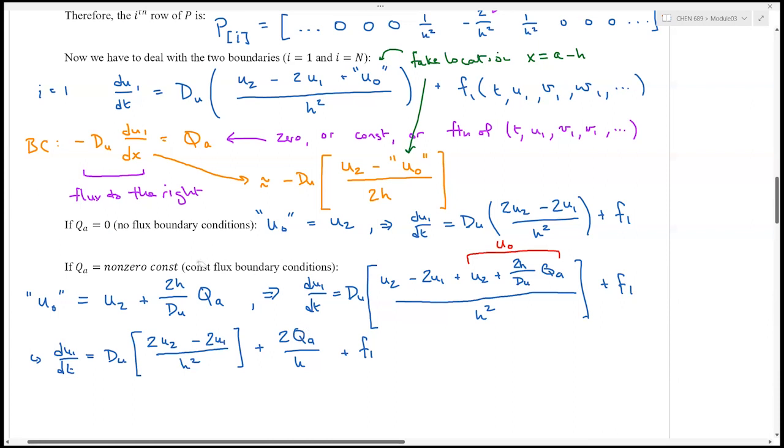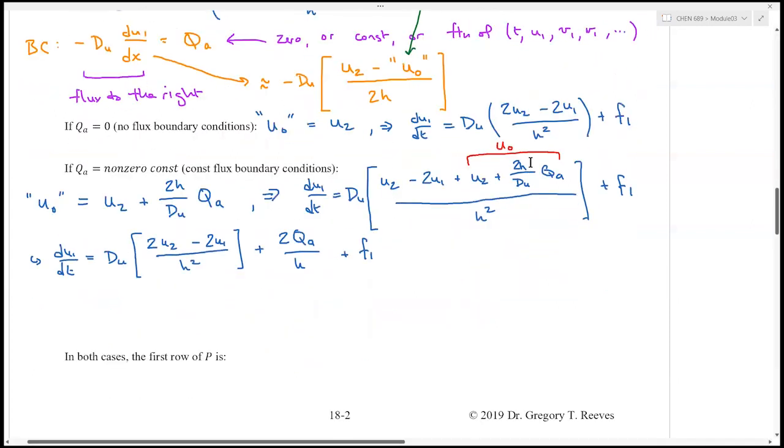So now if you have a constant flux boundary condition with your constant flux being equal to this parameter qa, then this term 2 times qa over h appears in your first equation, your equation at x equals a. So let me go ahead and write that out. Specifically this here, this is your new term.